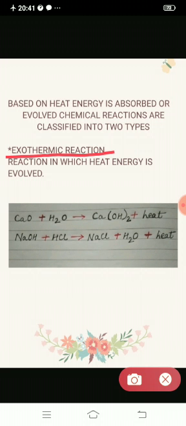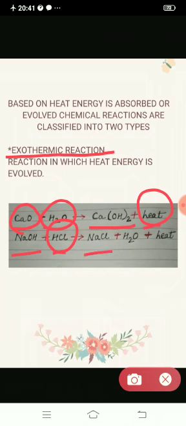Let us understand by two examples. When calcium oxide reacts with water, it forms calcium hydroxide. Along with that, there is an evolution of heat energy, meaning a release of heat energy. Another example: when sodium hydroxide reacts with hydrochloric acid, we get sodium chloride, a salt, water, and evolution of heat energy.